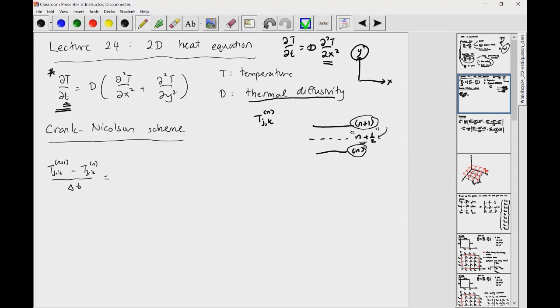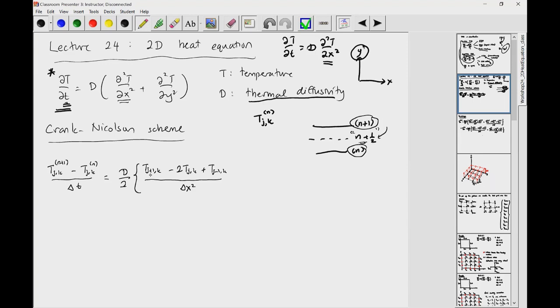If you don't understand what I'm talking about, you need to go back to the lecture on parabolic PDEs and refer back to how the Crank-Nicolson scheme works. All right. So in our case, if we take the average, we can take out the factor 2, in which case you have d over 2, and then you get this very lengthy expression. We'll do it for d squared T over dx squared first. You have T_j+1,k minus 2T_jk over delta x squared.